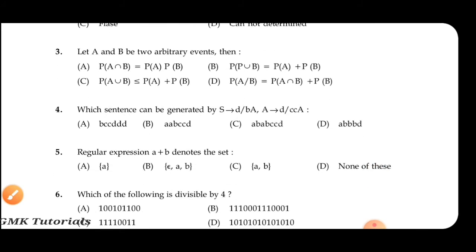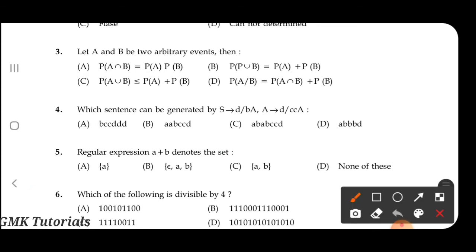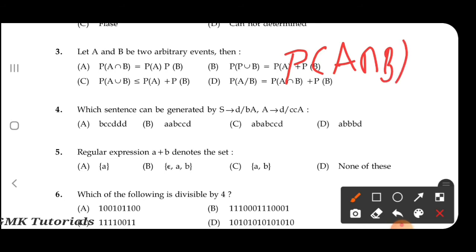Third question, let A and B be two arbitrary events. So here A and B are two arbitrary events, P of A intersection B not equal to 0.